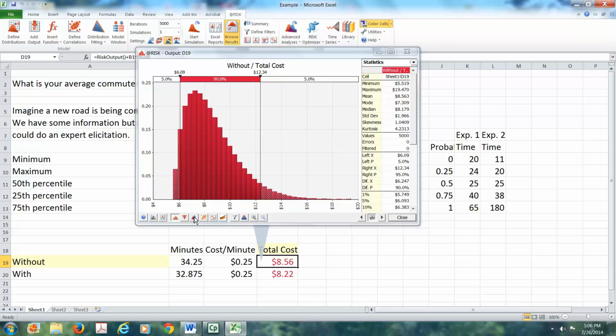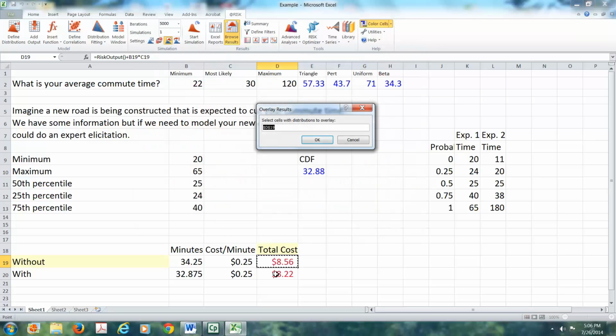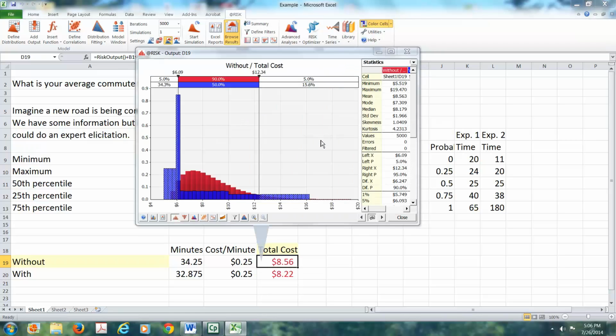Now we're going to overlay a graph, and I'm going to say put this on the same. And you can see how that red distribution has shifted relatively far to the left. And the possibilities of dollar values in this range are far less than they were before.